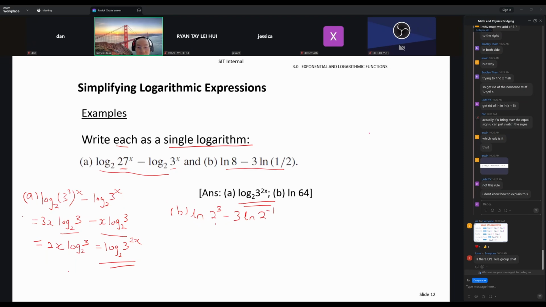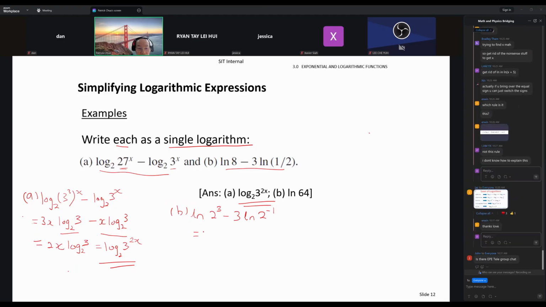Okay, and you continue. As usual, you can bring the 3 to the front of the log. So 3 log 2 minus 3, and again, you can bring the minus 1 in front of the log. So it's minus 1 log 2. Okay, now you just evaluate normally.